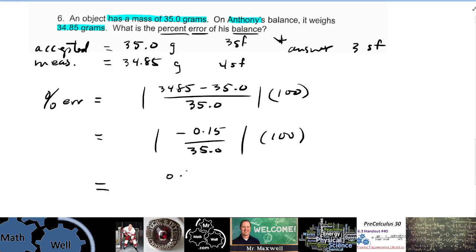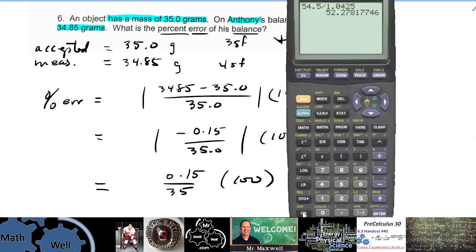So this is actually just positive, really, 0.15 over 35 times 100. So let's do that on our calculators there. 0.15 divided by 35 times 100. And of course, multiplying by 100, you just move the decimal place over 2 times.